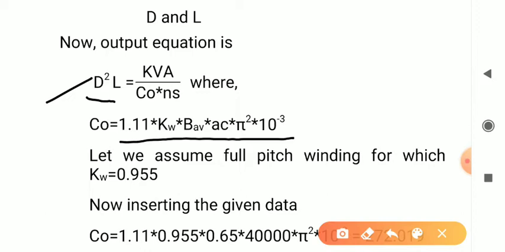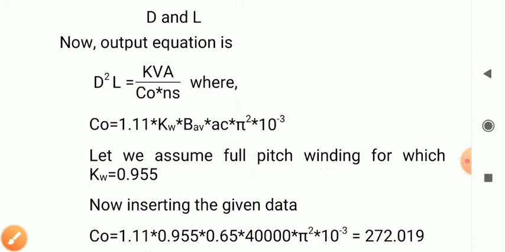So, while calculating the output coefficient CO, in this example, the winding factor Kw is not given. So, for that purpose, let me assume the full pitched winding, and for the full pitched winding, the winding factor is 0.955.